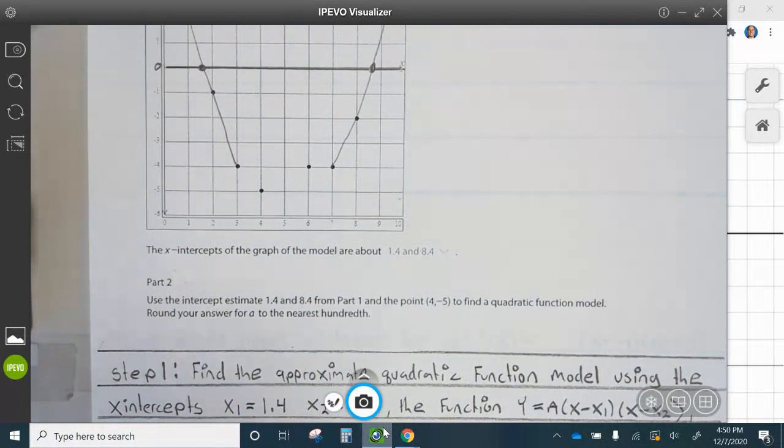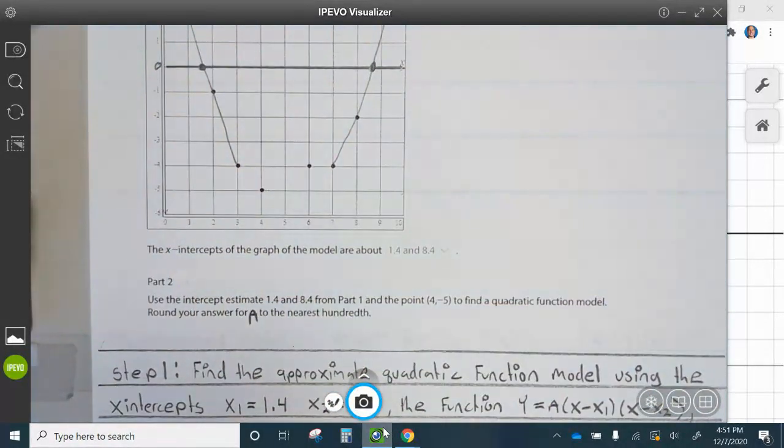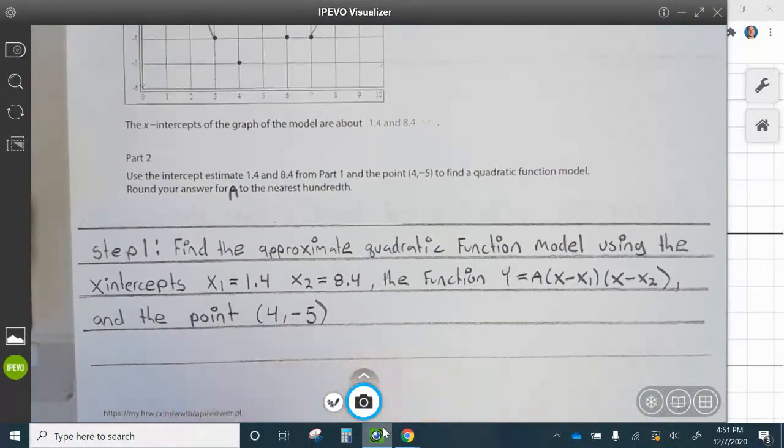All right, use the intercept estimates 1.4 and 8.4 from part 1 and the point (4, -5) to find a quadratic function model. Round your answer, we're going to use capital A, to the nearest hundredths. Okay, step 1, find the approximate quadratic function model using the x-intercepts. x1 is 1.4 and x2 is 8.4.